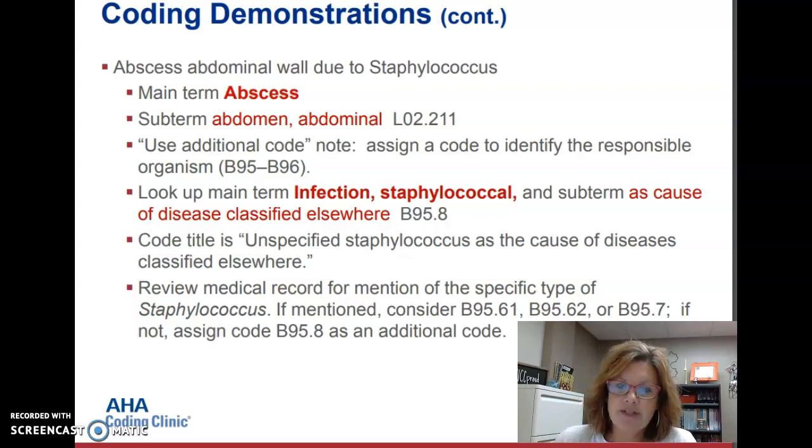And then we have to use an additional code because it's telling us to do so, and assign a code to identify the responsible organism, which is going to be a B code. So at that point, you look up the main term infection, staphylococcal, and the subterm cause of disease is B95.8. So in this instance, I have two codes that I'm going to assign to this one liner right here.